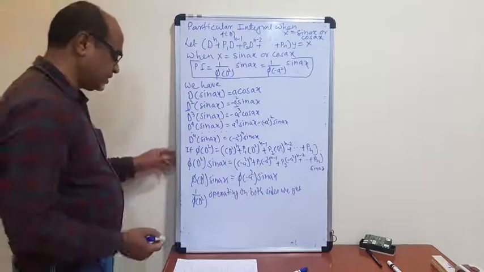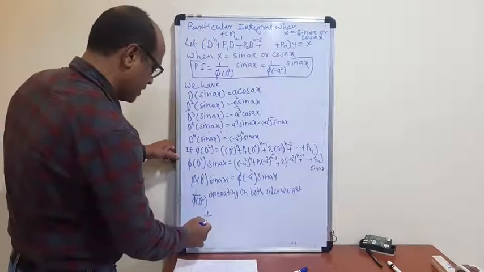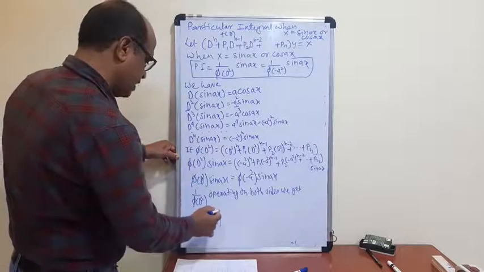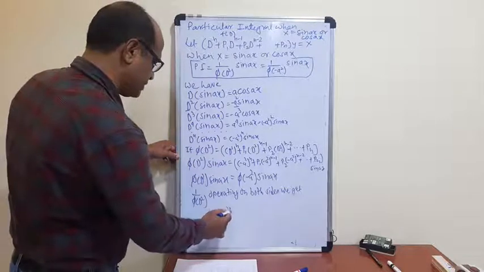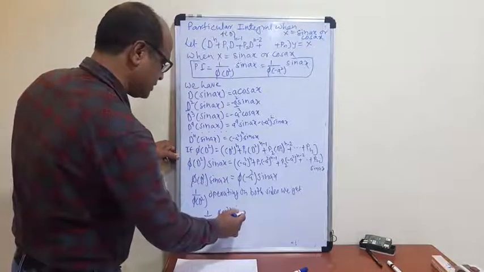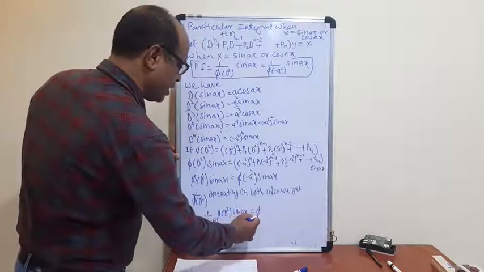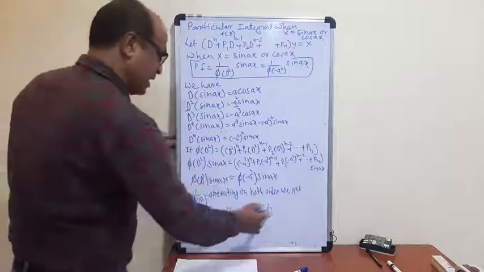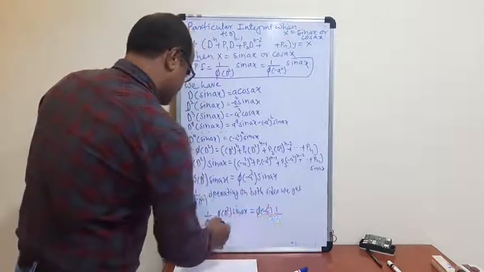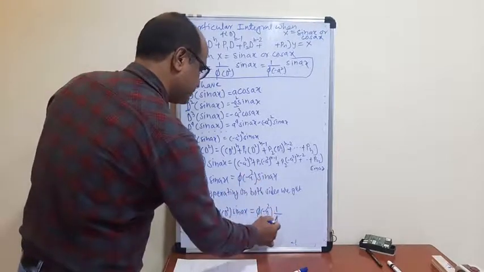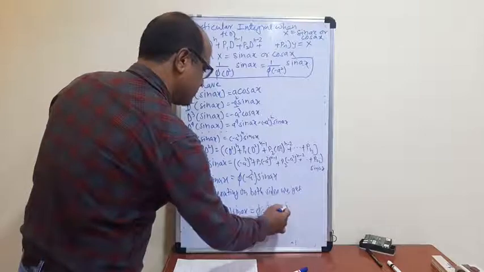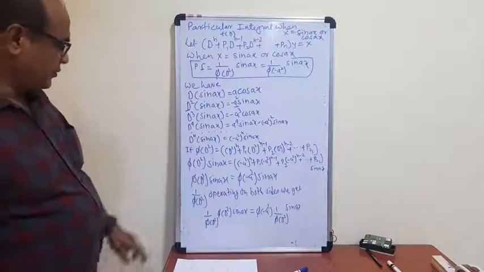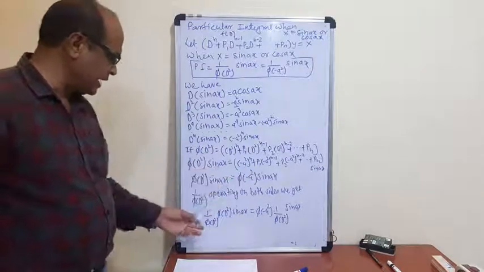So 1 upon phi of d square into phi of d square sin x is equal to phi of minus a square, which is an algebraic multiplier, into 1 upon phi of d square sin x. Okay, so we operate this factor on this, and we get this.